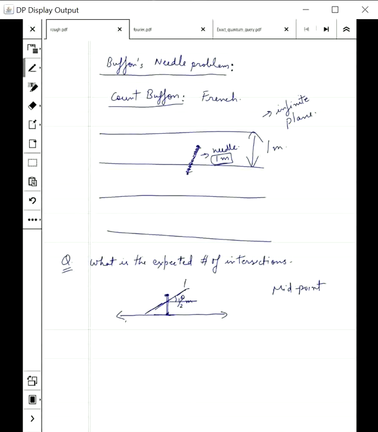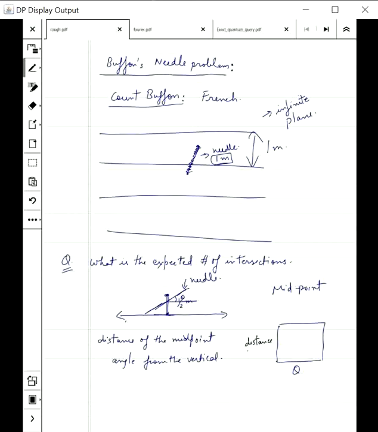So we have divided the sample space into two parameters. One is the distance of the midpoint, and the other is the angle from the vertical. In this case, you can think of the sample space as a rectangle, where this is theta, and this is the distance, call it y.